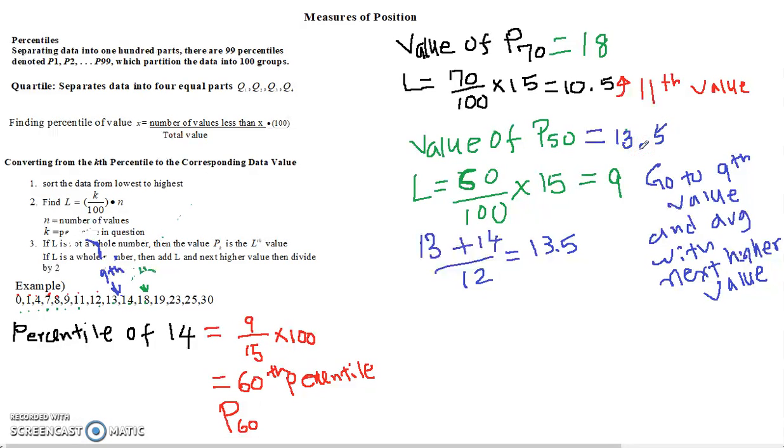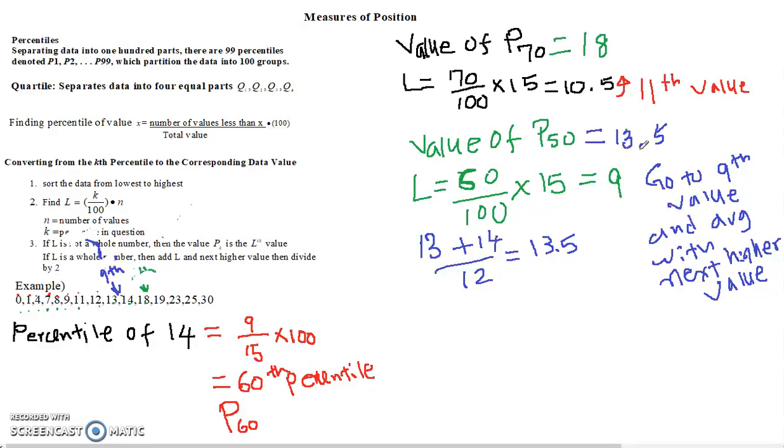So it's kind of a little bit confusing, finding the value when you're given a percentile. But the reason for that is because sometimes the location L value you get is a decimal, sometimes you get a whole number. So just remember that if you have a decimal L value, it's a lot easier because you just round up to the higher value and go to that location, and that's going to be your answer.